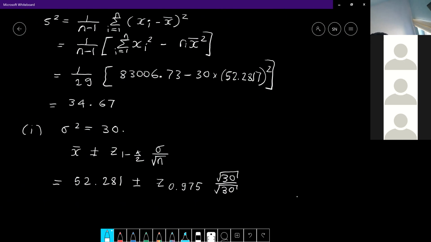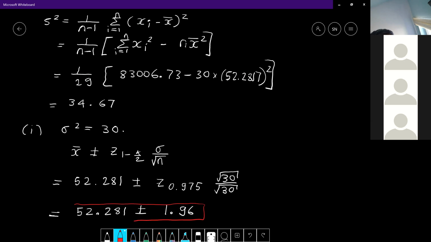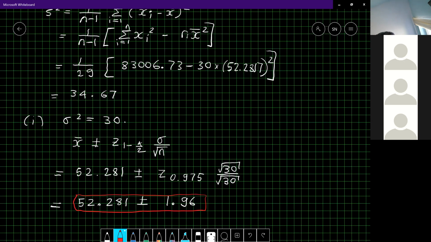Now you should read this from the table for the normal distribution, which I gave you well before the Easter break. If you read that off the table, you will get 1.96. So this is the confidence interval for the population mean when the variance is known. All right, so that's part one.